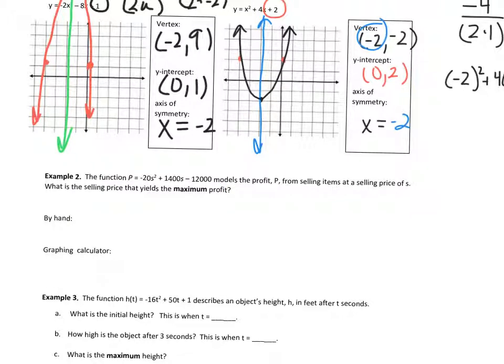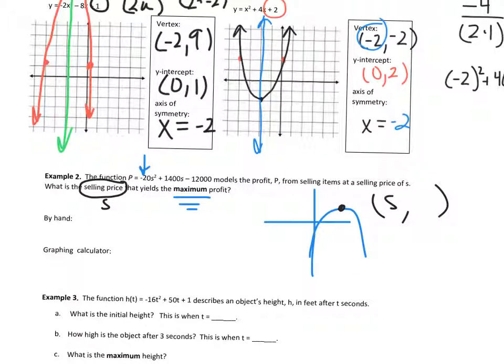So we want to know what S is. S is kind of like your x, and you're asking for the maximum. So this parabola is going to open down because this is negative. So we're going to find the maximum. We're going to find the x value or the s value.